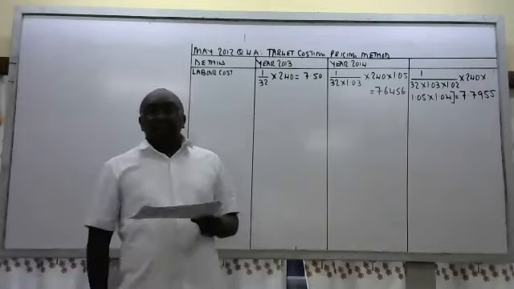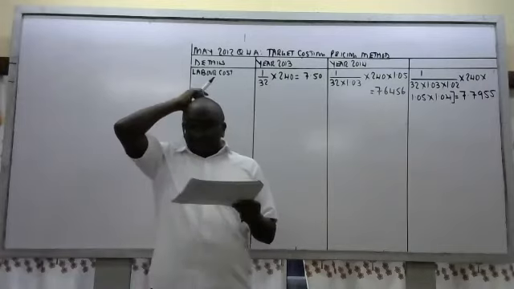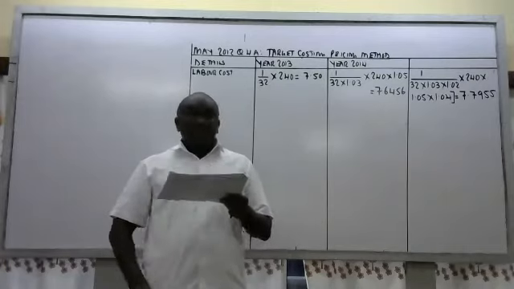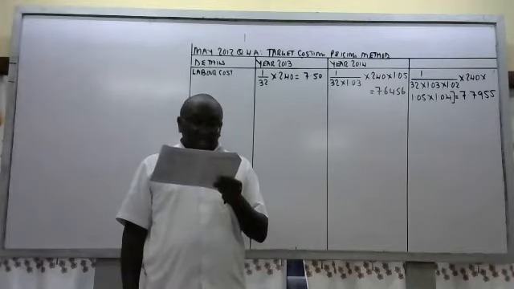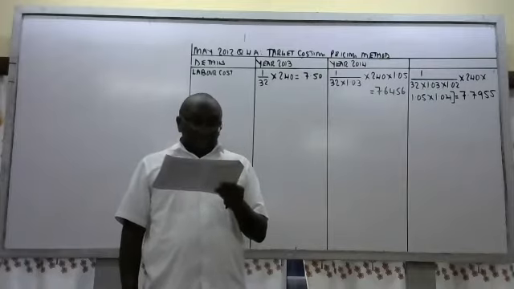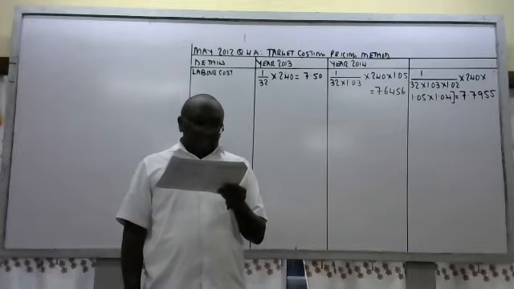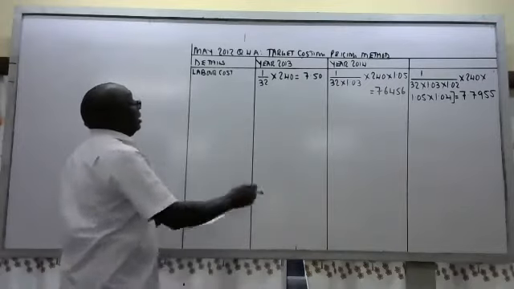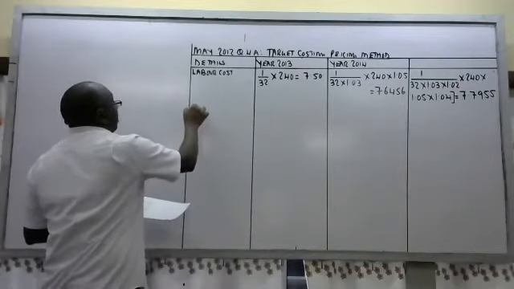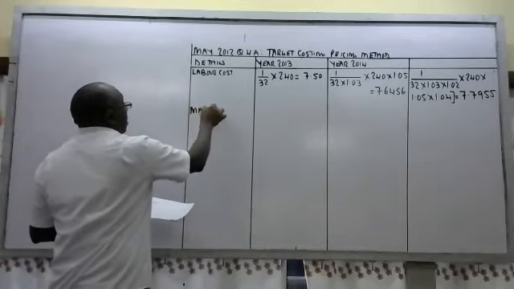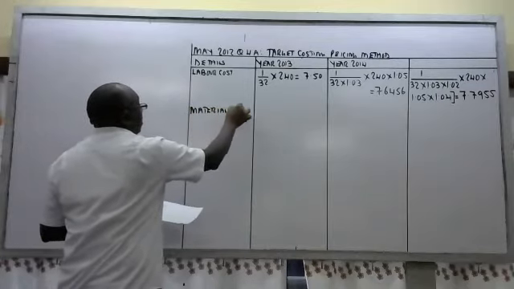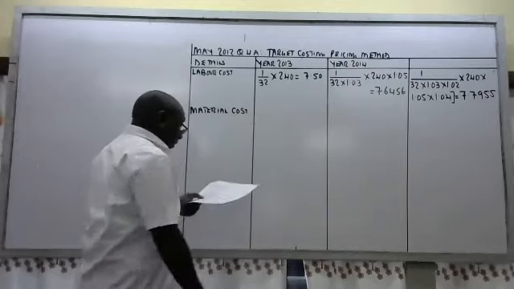Regarding number 4 now, material costs are estimated to be 9 per unit of output in year 2013. As a result of long-term supply contracts with suppliers, this will be reduced by 2% at the beginning of year 2014, but there will be no further changes. So let us bring material costs.